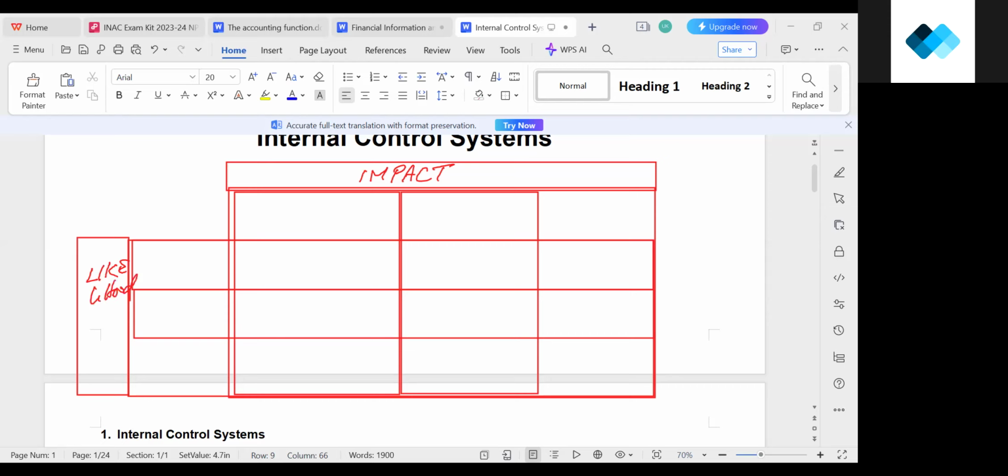All right. So here we are taking likelihood on the y-axis, and on the x-axis we are taking the impact. So likelihood can be high, medium, and low. In the same way, impact can be high, medium, or low.